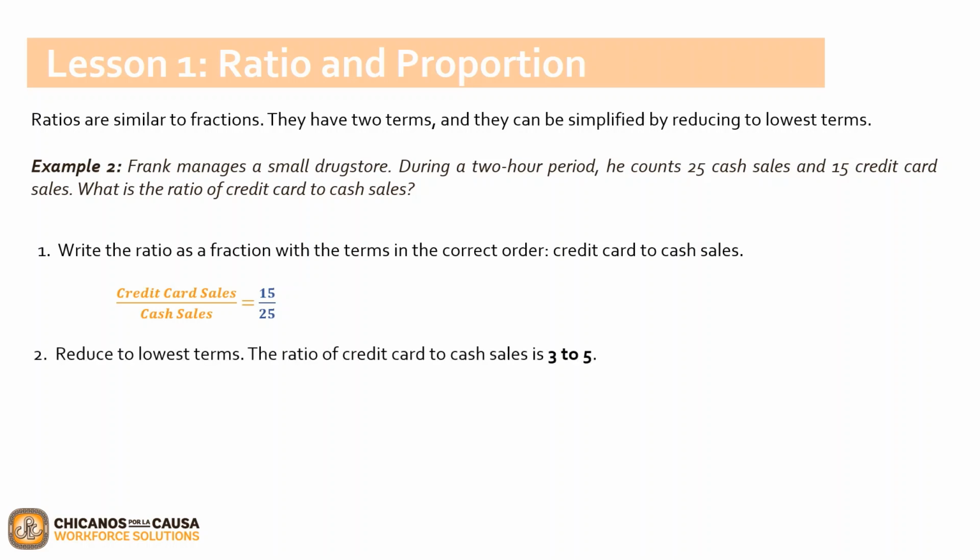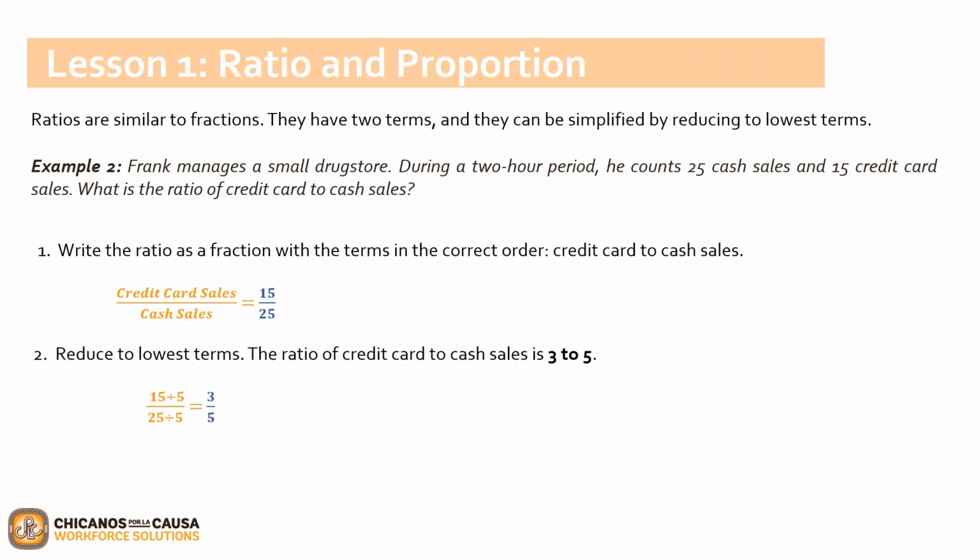Second, we reduce to lowest terms the fraction. So as shown here, we have 15 over 25, and we reduce it to lowest terms by dividing both 15 and 25 by 5, which equals 3 over 5, but our ratio for this example of credit card to cash sales would be written as 3 to 5.